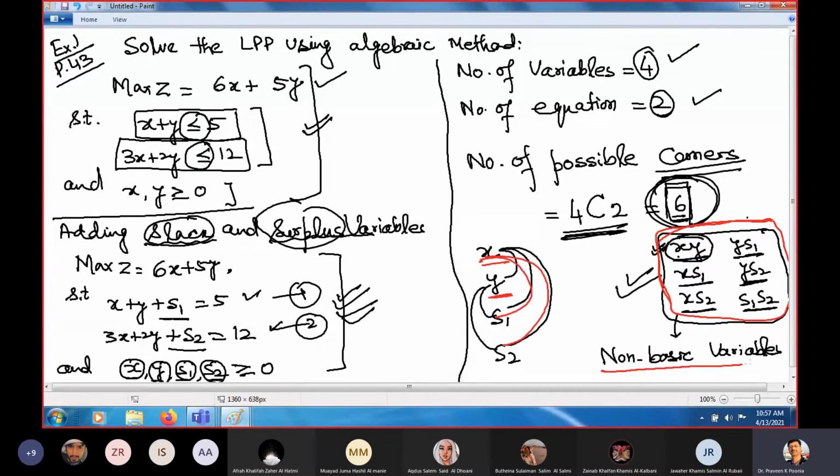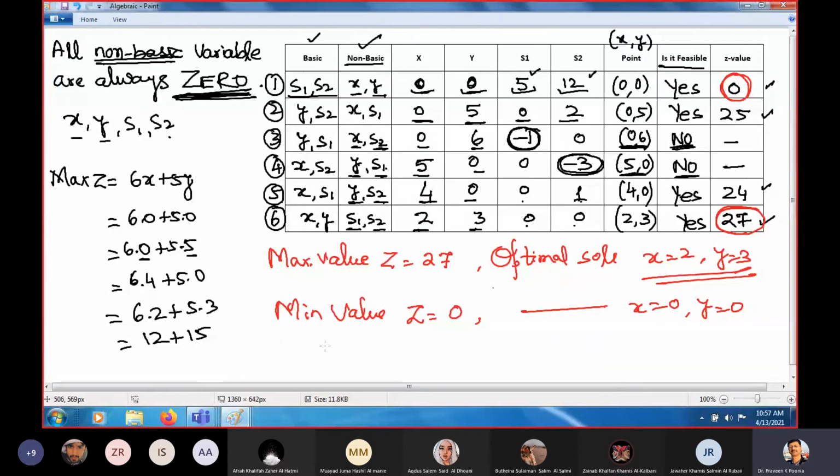And these are called non-basic variables. And if we are calling them non-basic variables, these have the value 0. Non-basic variables always have the solution 0.